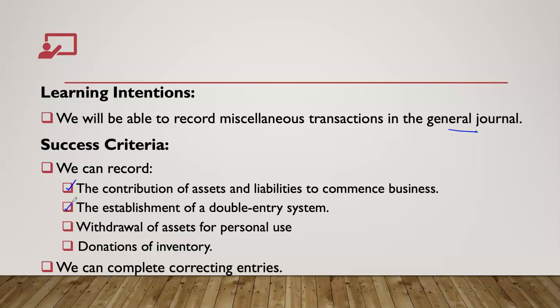Record the establishment of a double entry, which is the same process as if they've all been contributed. You can record the withdrawal of assets for personal use, record the donations of inventory, which equals advertising. And you can also complete the correcting errors by following the 3-step process: what was recorded, what should have been recorded, and how do I fix it up.